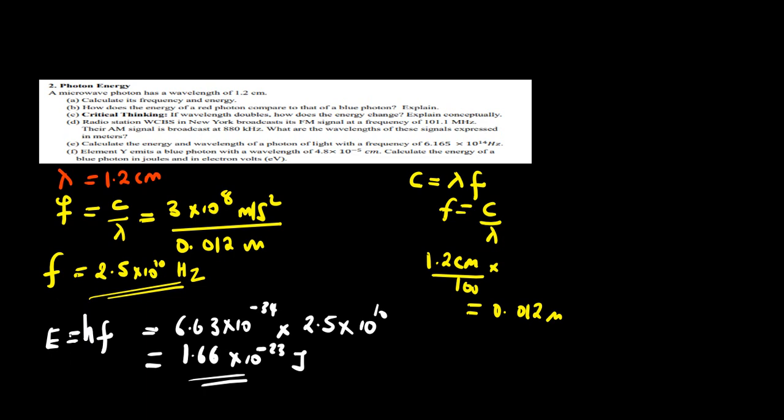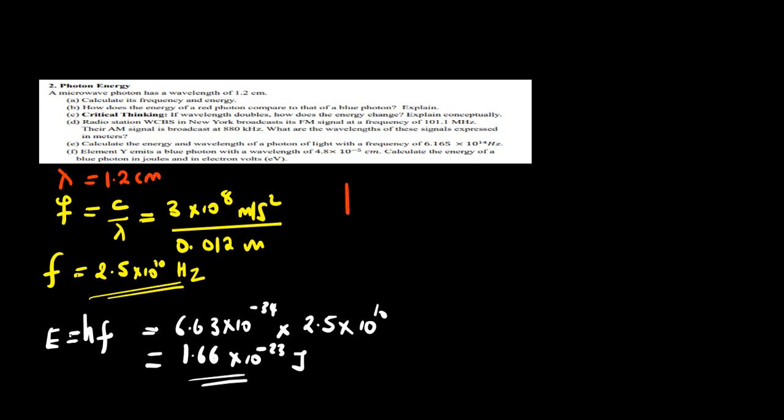Now you remember, from your rainbow or from your spectrum, we got colors abbreviated as ROYGBIV. Now the question is, how does the energy of a red photon compare to that of a blue photon?